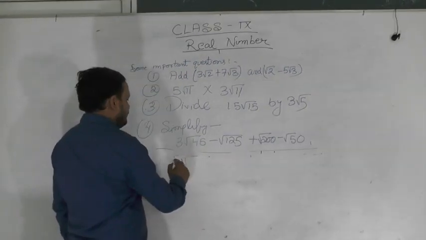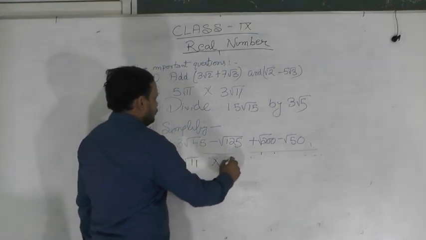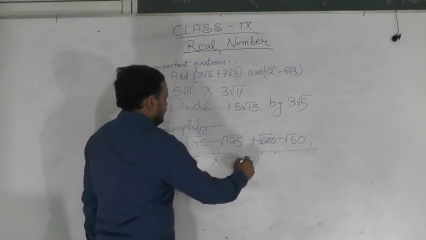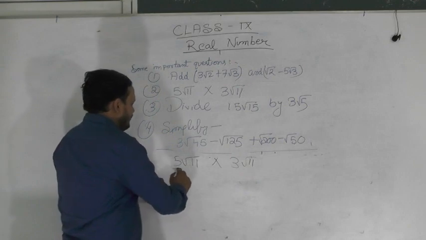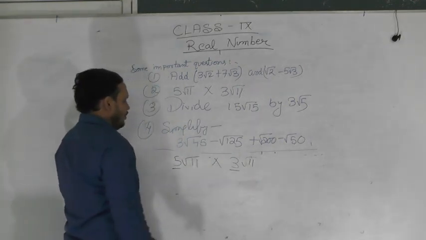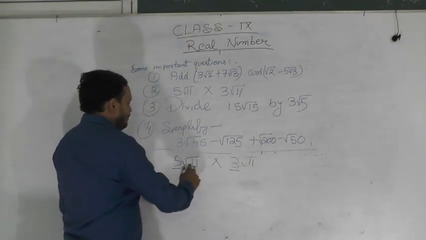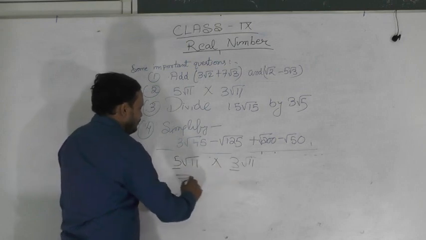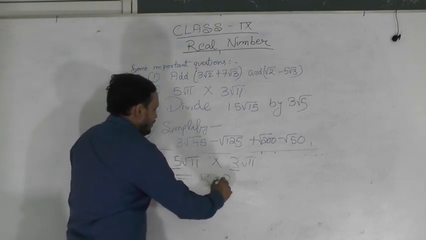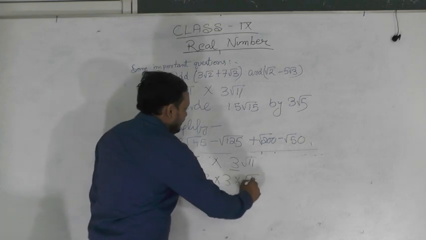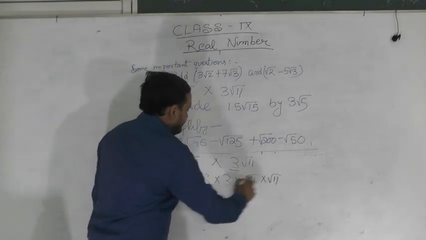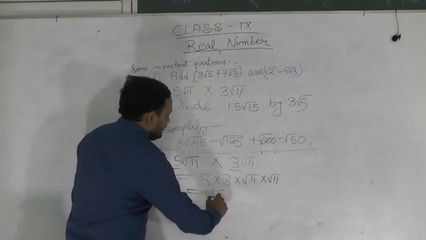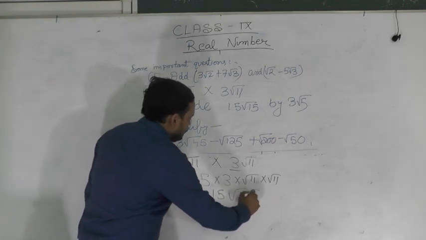Now come to 5 root 11 into 3 root 11. For this, you have to multiply the rational parts with each other. Suppose you have to multiply 5 into 3 into root 11 into root 11. It may be written as 5 threes are 15, root 11 into 11.